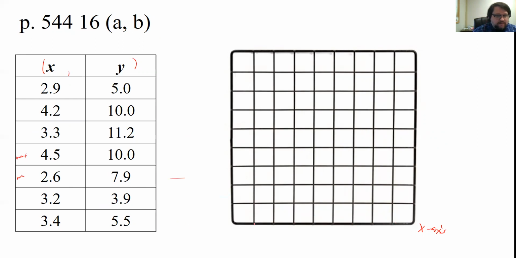We'll zigzag a little line here, and we'll start at 2.5, 2.75, 3, 3.25, 3.5, 3.75, 4, 4.25, 4.5.